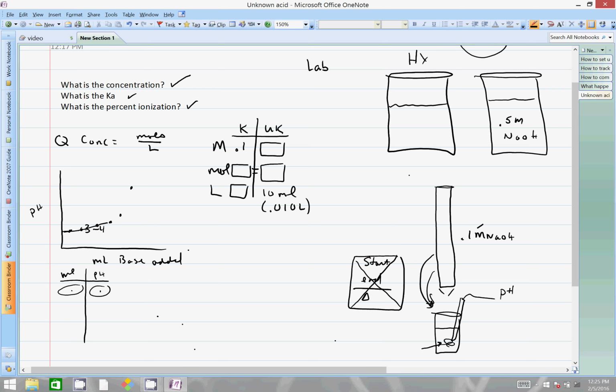You notice that before, 1 small milliliter caused almost no change in pH. That is due to the fact that it's buffering at this point, between the weak acid, HX, plus H2O yields X negative plus H3O plus. We have some of each of these.